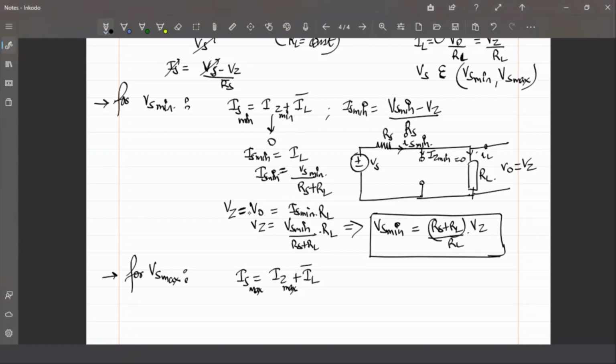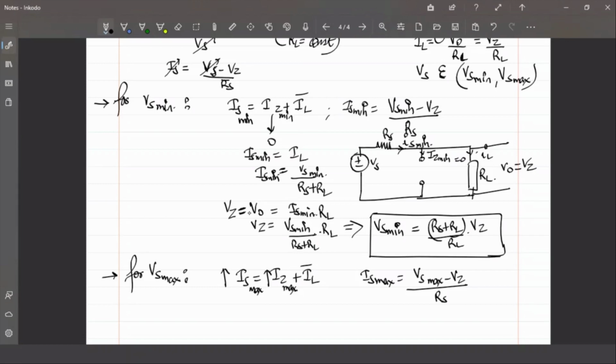We know that Is max is equal to Vs max minus Vz divided by Rs. If Is max increases, Iz max also increases correspondingly, but there is a limit for the maximum current we have seen for a Zener. What is that? That is from the data sheet, depending upon the power dissipation capability.